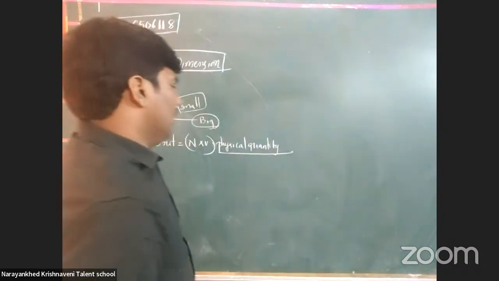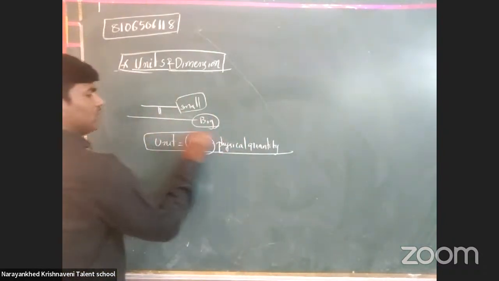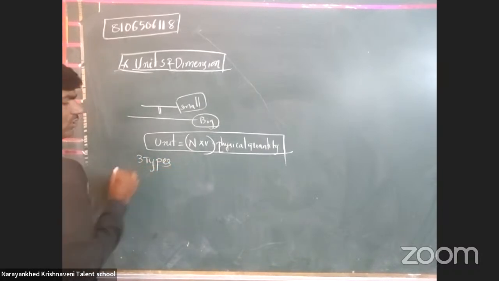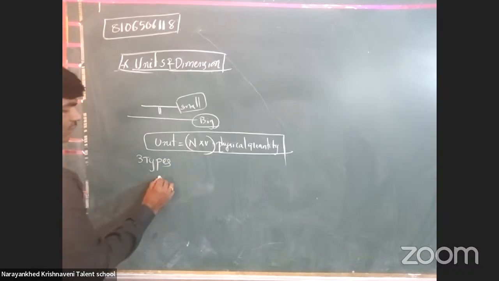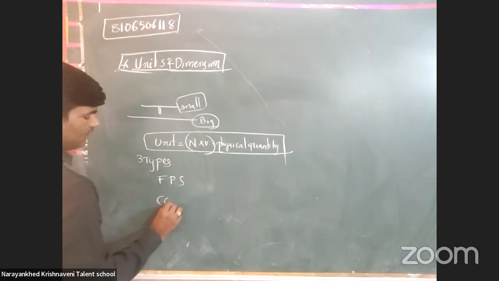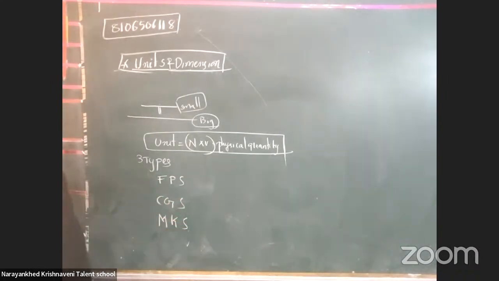Got it? Next after this, there is one more: the system of measurement. There are three types of systems of measurement.